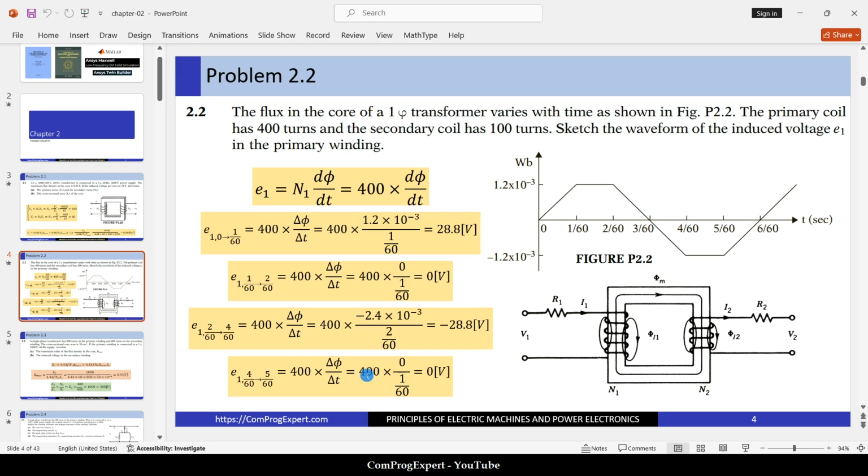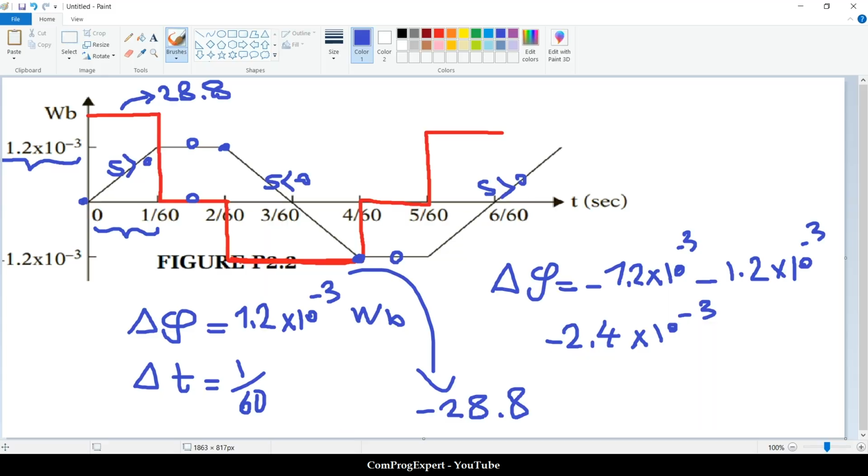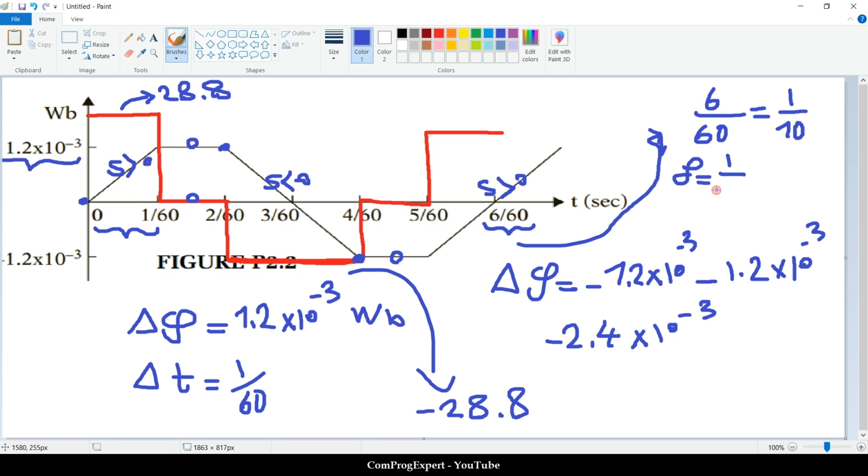Yes, we have a periodic waveform. What is the frequency of this waveform? The time period is equal to 6 divided by 60, or 1 divided by 10. The frequency is 1 divided by the time period, which is equal to 10 hertz.